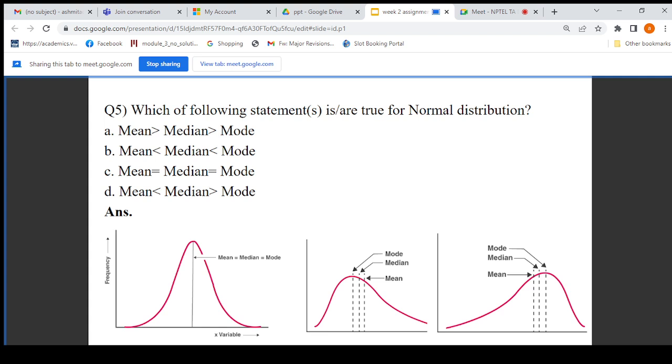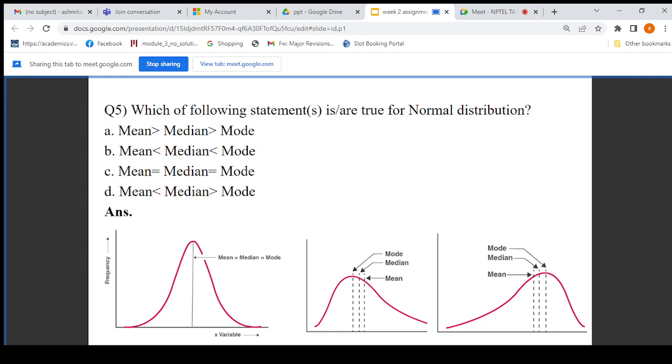I am asking what is the pictorial representation of normal distribution among these three pictures? The middle one. No, left one is the normal distribution. Left one.